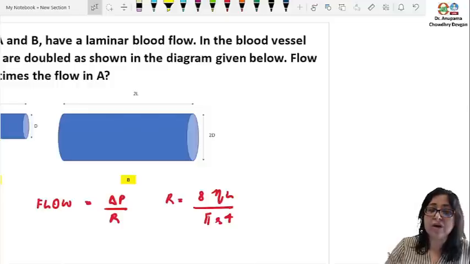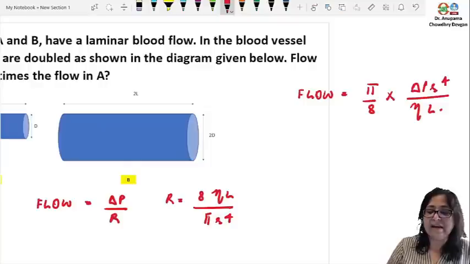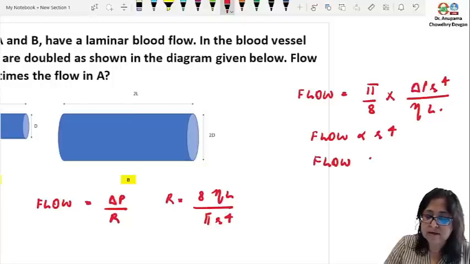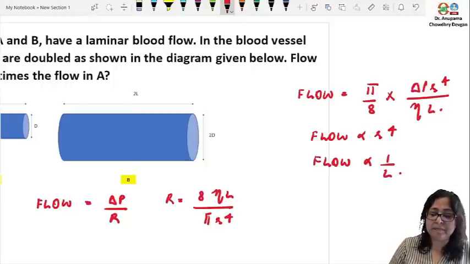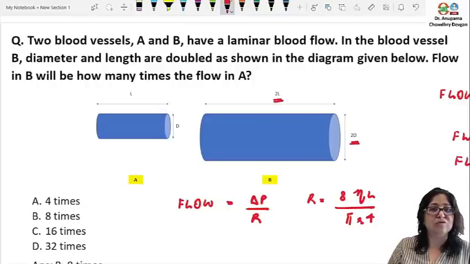Now, when I substitute R in the first formula, I get flow is equal to pi by 8 into delta P radius to the power 4 divided by eta L. In other words, flow is directly proportional to the fourth power of radius, and flow is inversely proportional to the length. Right? Now, there are these two options where in the second tube the diameter is twice and the length is also twice.